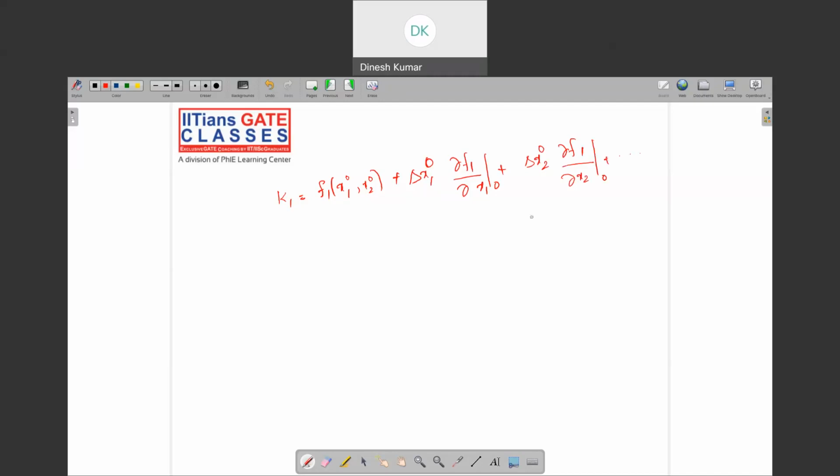This is basically the Taylor series expansion, evaluated at this particular point x1 0. There will be higher order terms also.